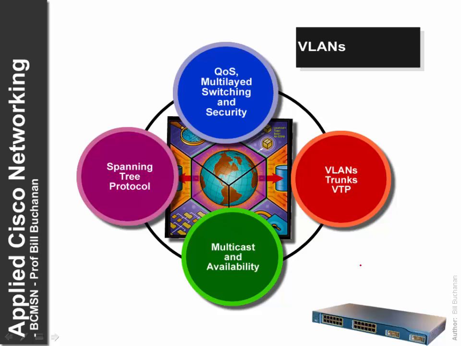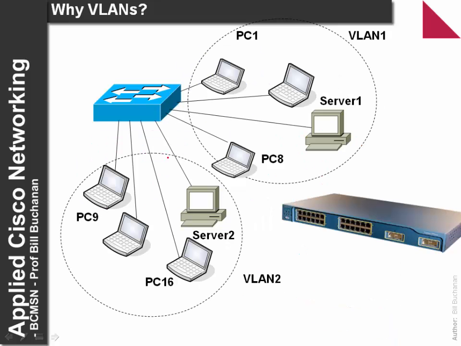Okay, so let's look at one of the most basic levels of security, and that's layer 2 security, looking at VLANs or virtual LANs. So what is a virtual LAN? A virtual LAN involves creating a logical network. In this case, all these nodes connect to the same switch, but we can segment them so that certain ports connect to one VLAN and other ports connect to another VLAN.